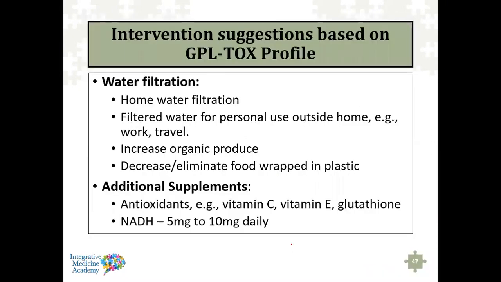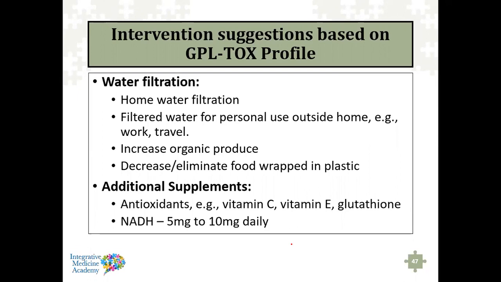So what are some other intervention suggestions that could be based on the GPL-TOX profile? Well, one thing that somebody simply could attempt to do is home water filtration, just making sure they're drinking purified water. And they could also filter their water for personal use outside the home. Okay, particularly if they're not sure of the quality of water at their office, for example, if that's where they go.